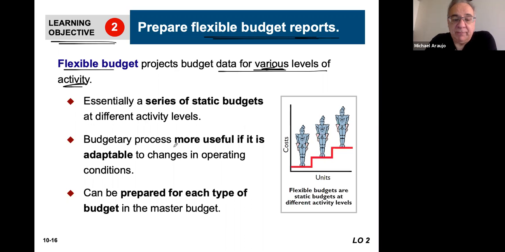This is much more useful because it helps to identify the changes and it helps you understand whether you really are under budget or over budget, if it's favorable or unfavorable. And so that's basically what we'll be learning here.